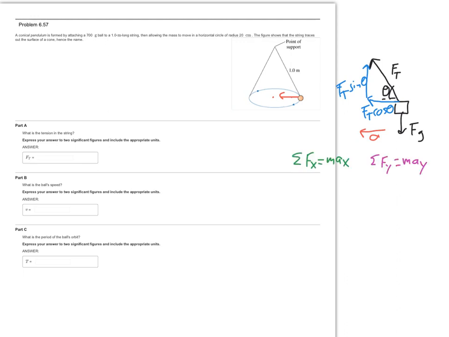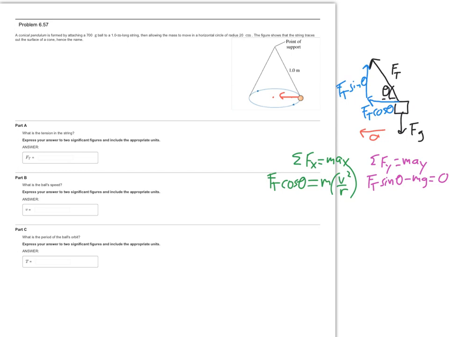In the x direction, I just have that F_T cosine of theta is equal to m times my acceleration, which, because I'm traveling in a circle, is going to be v squared over r. And in the y direction, I'm going to have F_T sine of theta minus mg, and that's just going to be equal to 0.